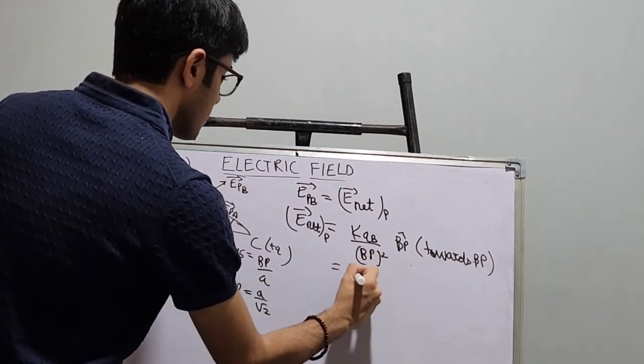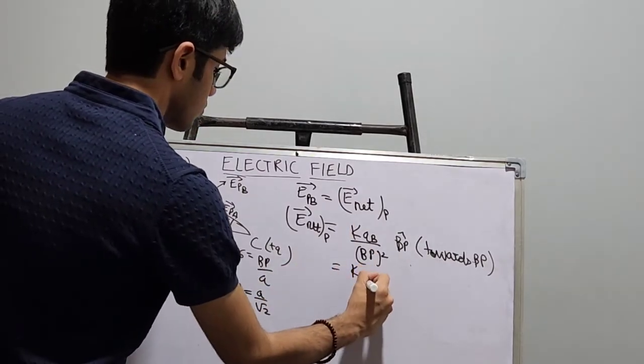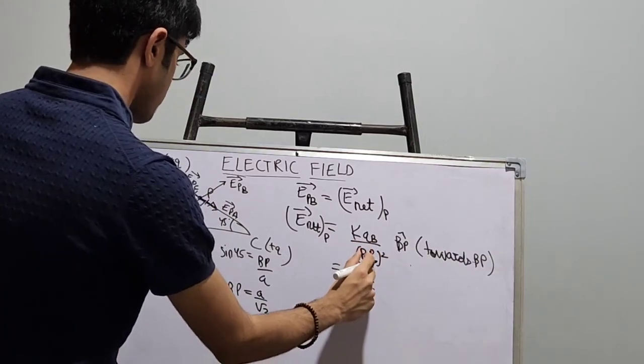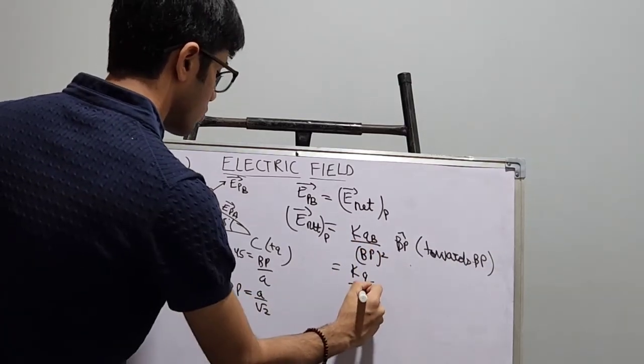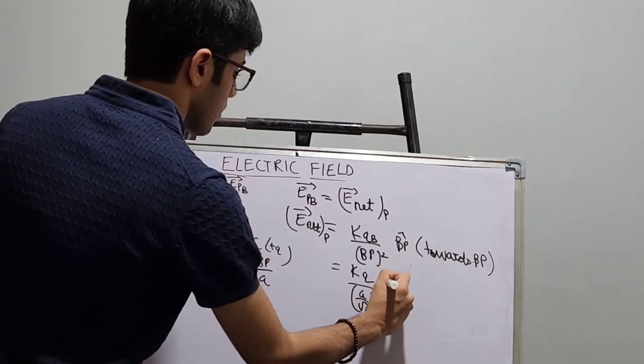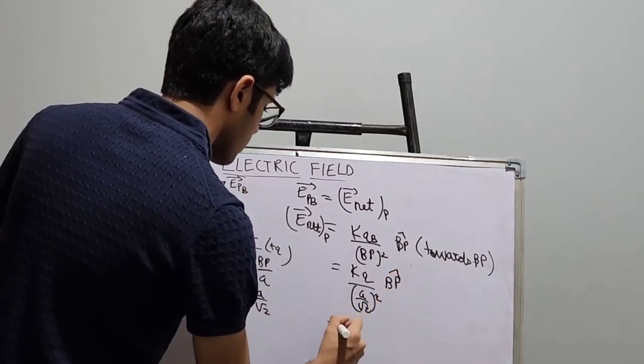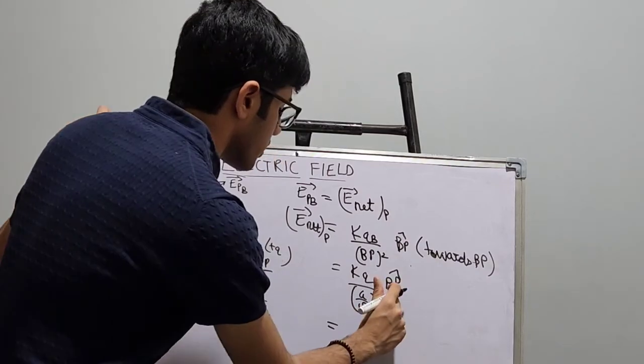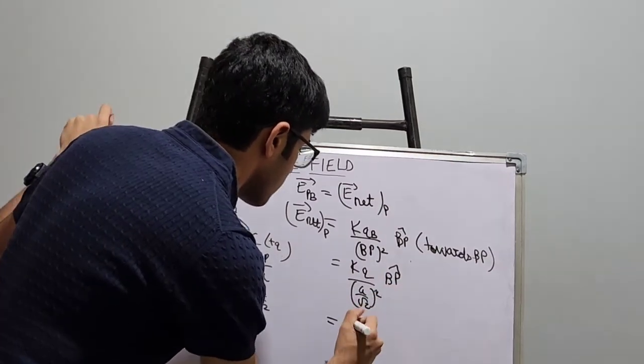So this is K, Q_B is plus Q, upon BP whole squared, which is A by root 2 whole squared. BP cap is the direction. This is a unit vector and it indicates the direction.